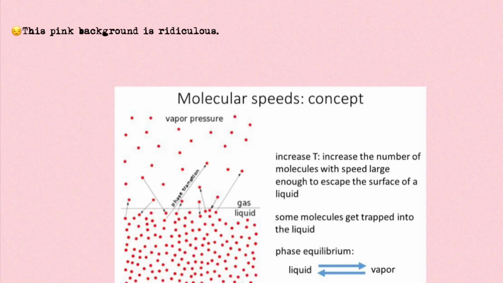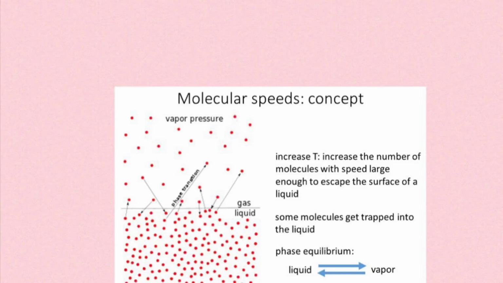Now this is also useful to understand phase transitions, for example the liquid-gas transition. You can imagine that a molecule will need a certain speed to escape the surface of a liquid.